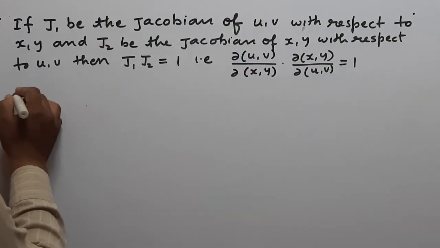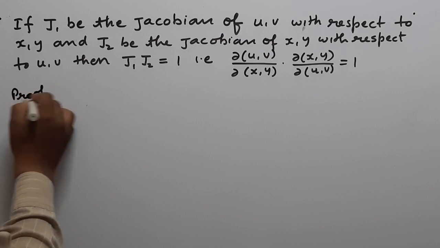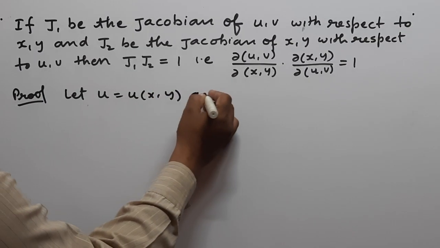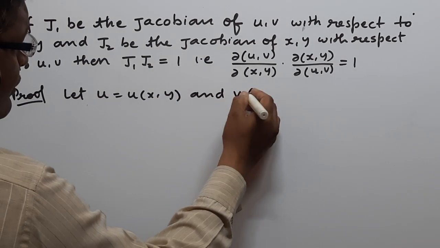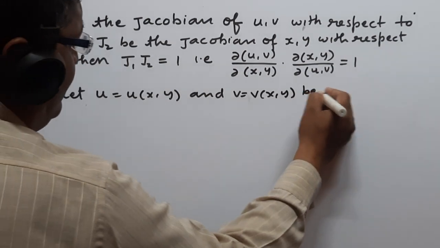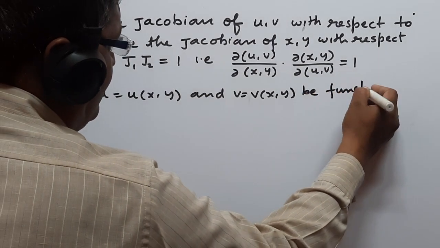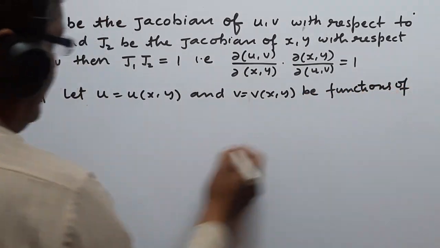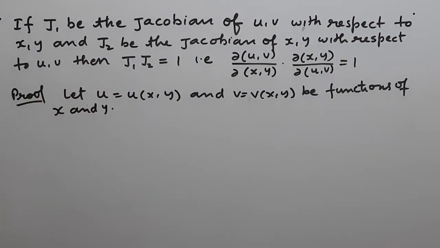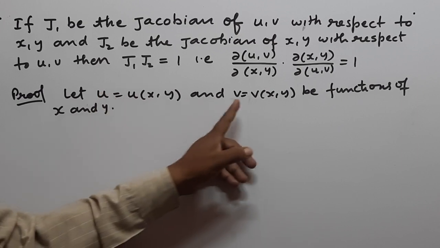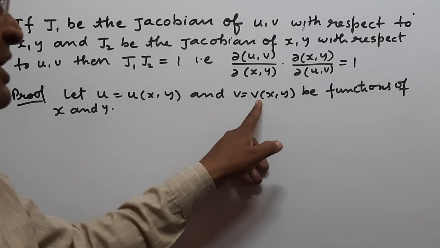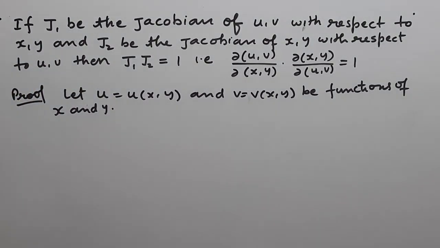So for proving this, first we suppose that u is equal to u(x,y) and v is equal to v(x,y) be functions of x and y. Let us suppose that here there are two functions u and v. u is a function of x and y, v is also a function of x, y.